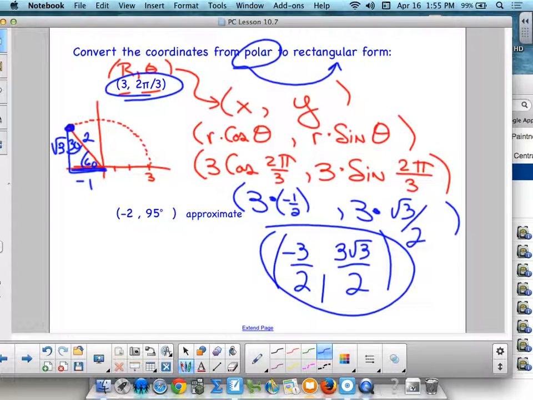Okay? Do that one, and why does it say approximate? Well, yeah, because it's not one of your special triangles. So just do it. See what you get.